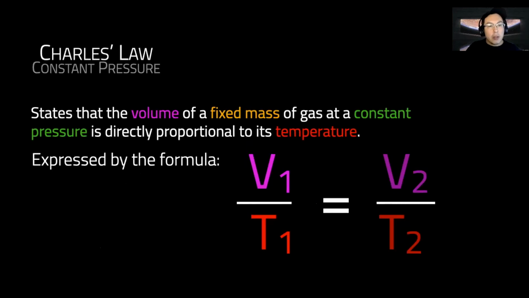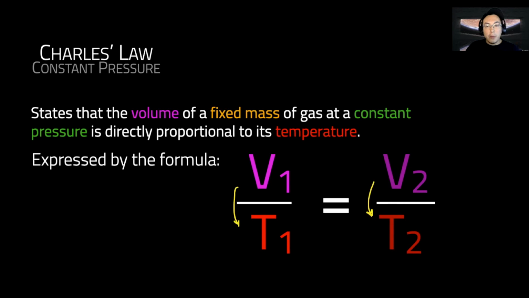So Charles' law is basically represented by this formula that you see on screen. Notice how Boyle's law was a multiplication between pressure and volume, but in here it is going to be a division, a fraction, a ratio between volume and temperature.